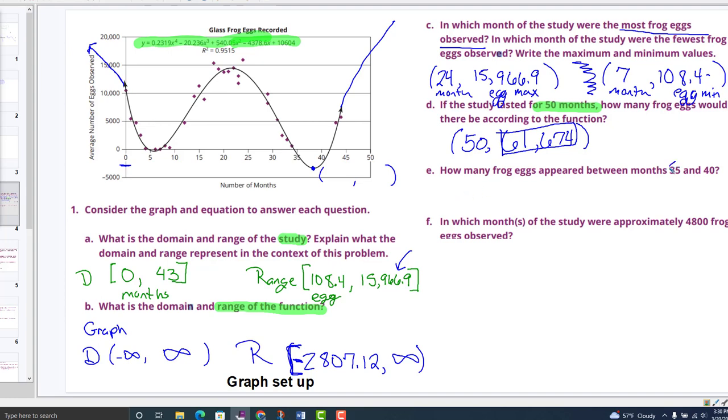How many frogs appeared between the months 35 and 40? Did we record anything between that 35 and 40? No. According to our function, we had a negative number of eggs.